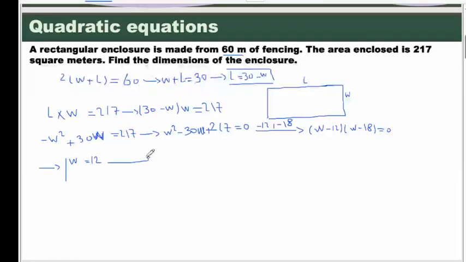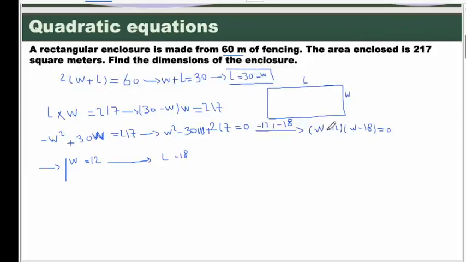For W equals 12, if I put it in this equation, L equals 30 minus W, so L would be 18. We know the product of two terms equals 0, so at least one of them must be 0.